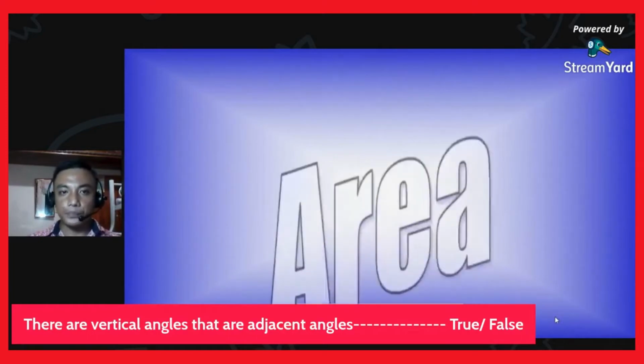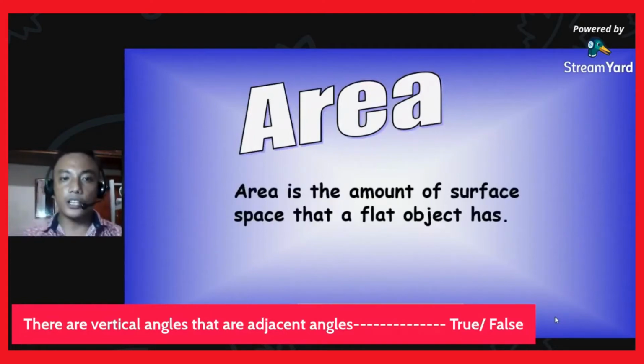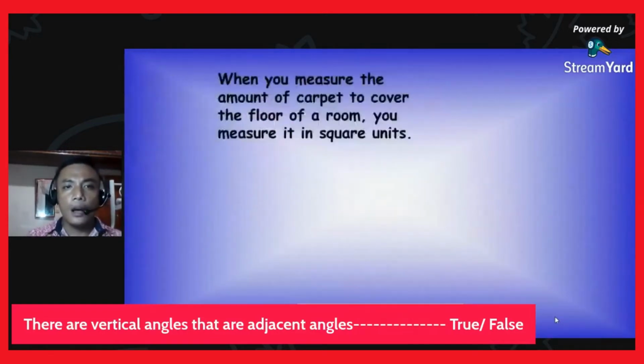Next, we're going to define what an area is. Area is the amount of surface space that a flat object has, and it is reported in square units. Again, when you measure the amount of carpet to cover the floor of a room, you measure it in square units.